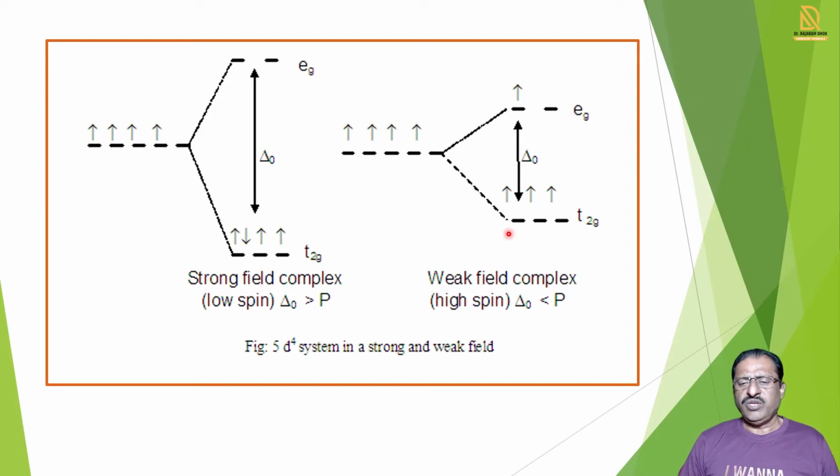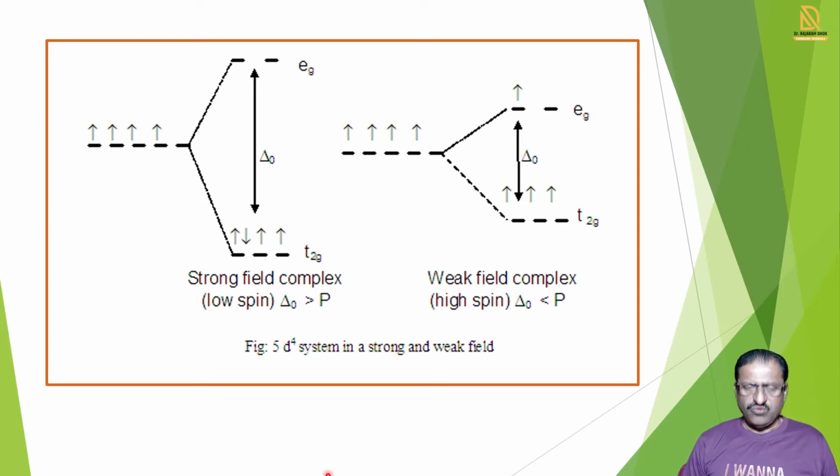In a weak field complex, the first, second and third electrons fill T2g, but the fourth and fifth electrons fill Eg. So in a weak field complex, electrons fill singly, and that is called a high spin complex. The strong field complex is called a low spin complex.